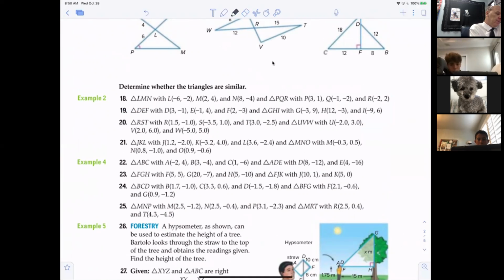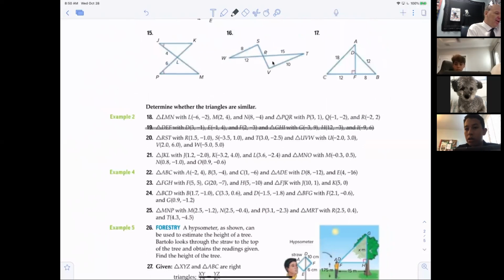I'm afraid to do the first one because we did the first one and it was a failure. All right, so do 18 and 19 then. We'll see. 18 and 19 or just 19. Just 19. That's your option.